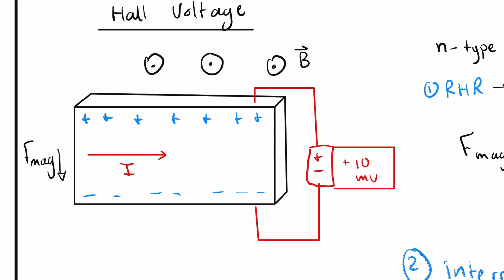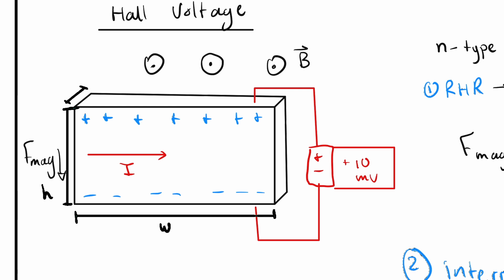We can say this is height. We can say that's length, or we can say this is width. Or actually, let's switch it up. Sorry. We'll call this one length, and we'll call this one width.